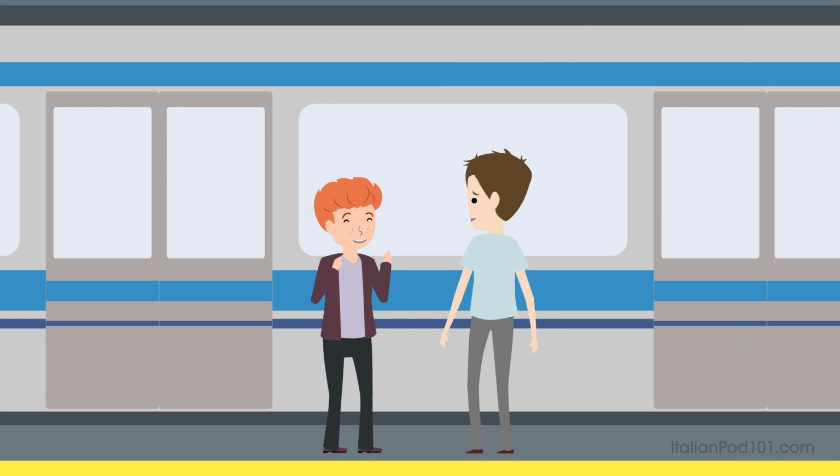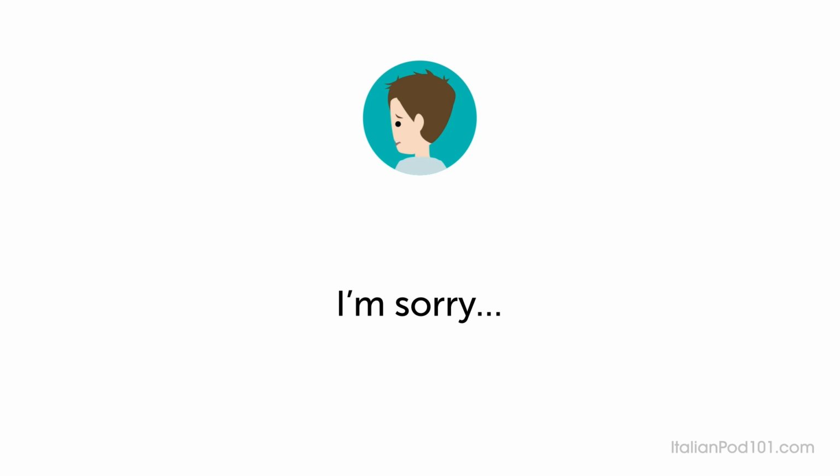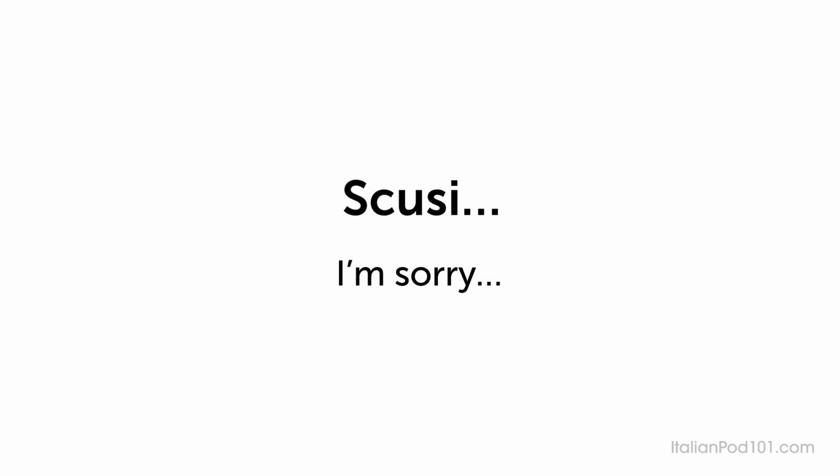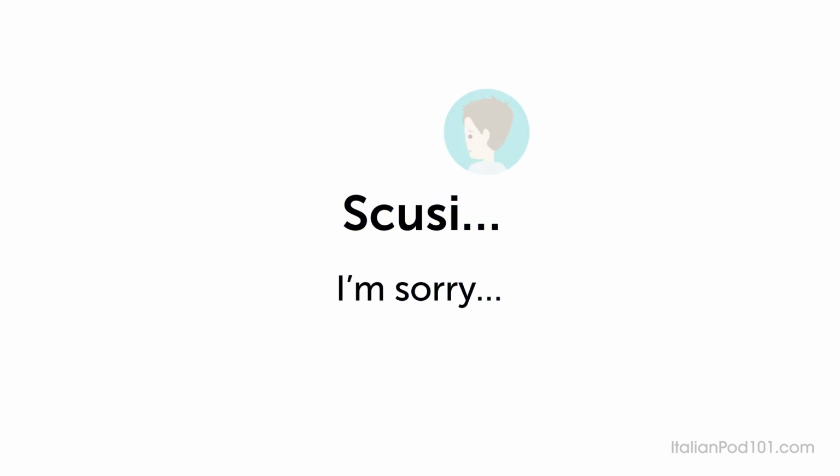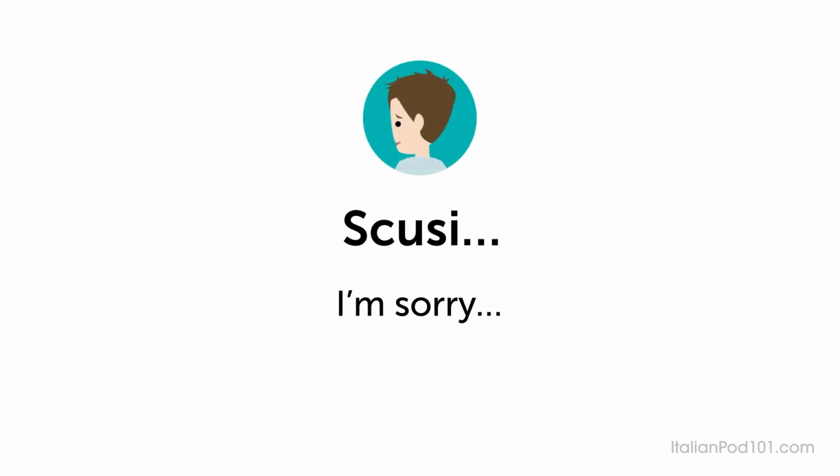After the train doors shut and Ben misses his train, do you remember how the passenger apologizes to Ben by saying, "I'm sorry"? Scusi. I'm sorry. In this context, the passenger feels responsible for Ben missing his train and is apologizing.